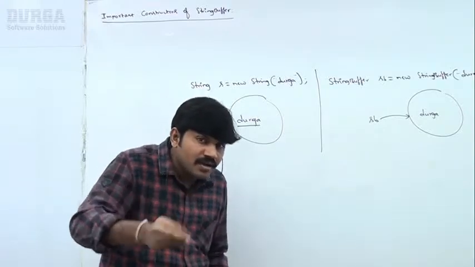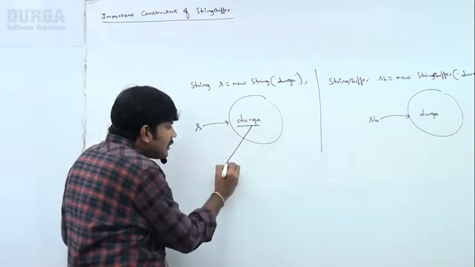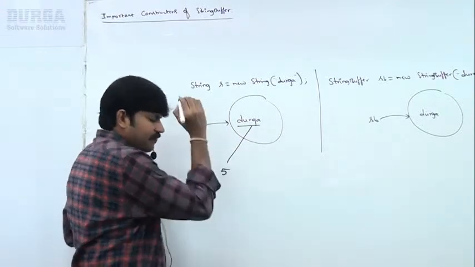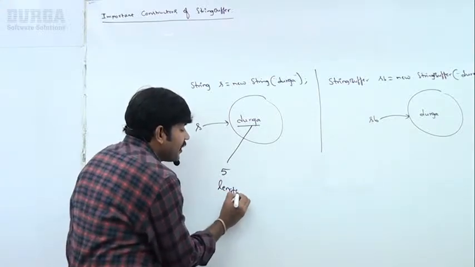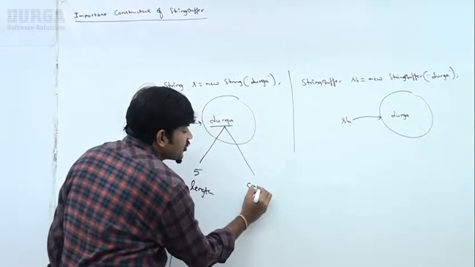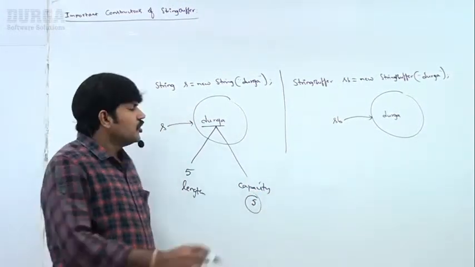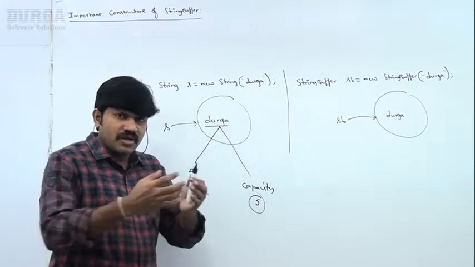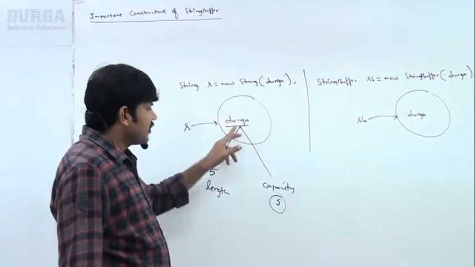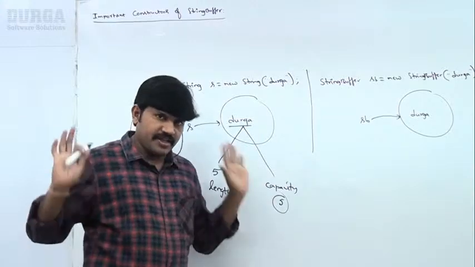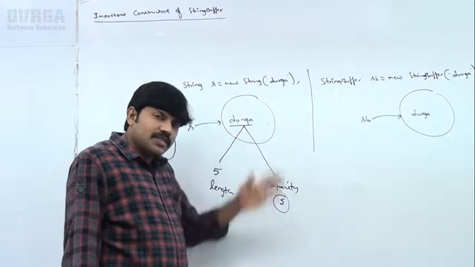So the length is 5, and the capacity is 5 only, because you can't add or remove anything. Whatever characters are there at the beginning are final.